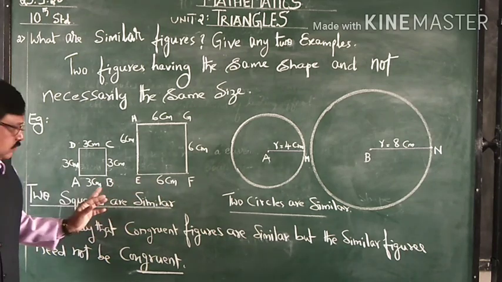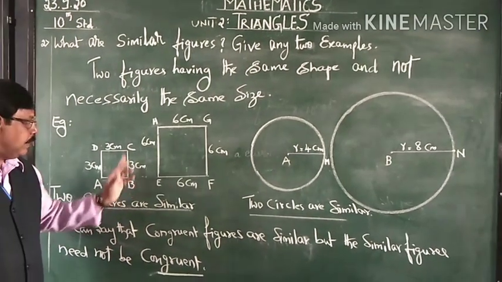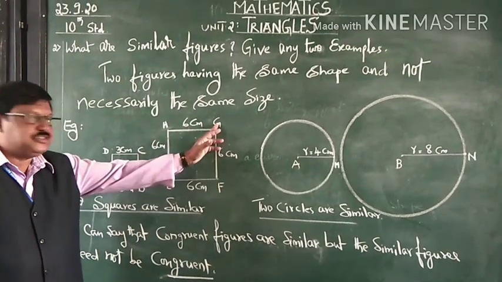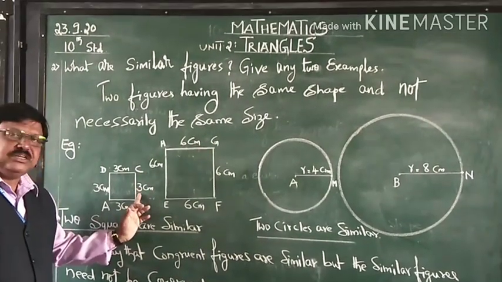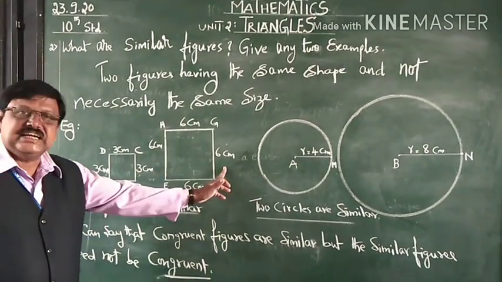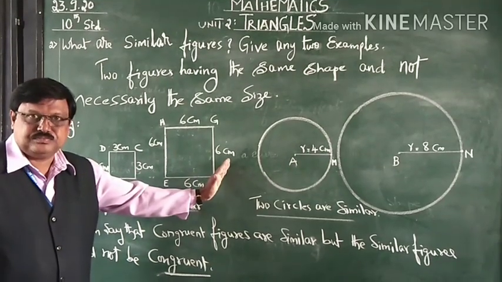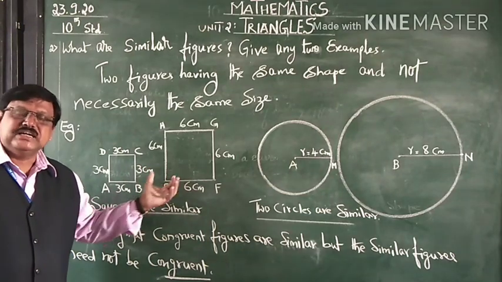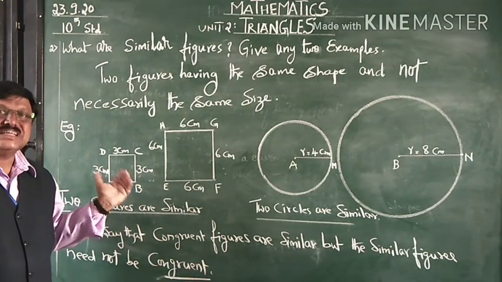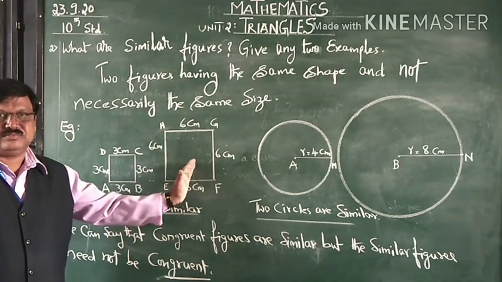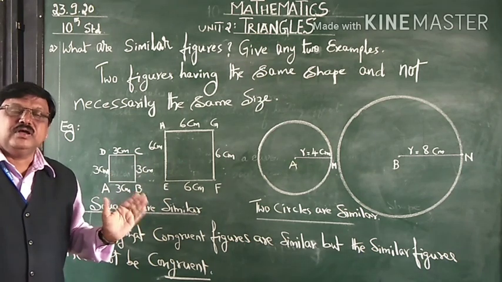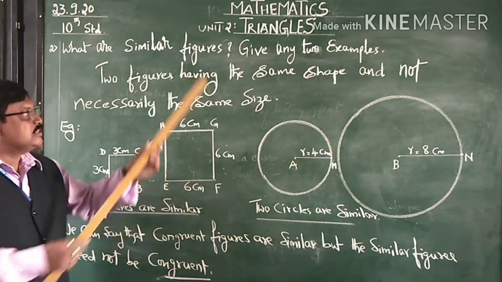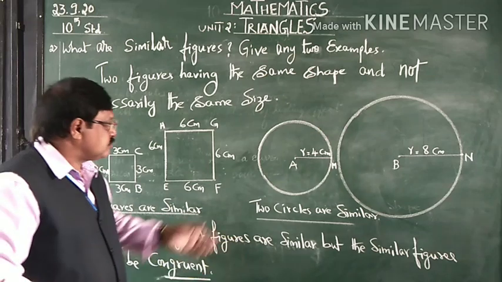EF is bigger than AB. BC, FG, 3 centimeters, 6 centimeters. It is increased. But the shape of the figures is the same. Size differs. This type of figures called similar figures.